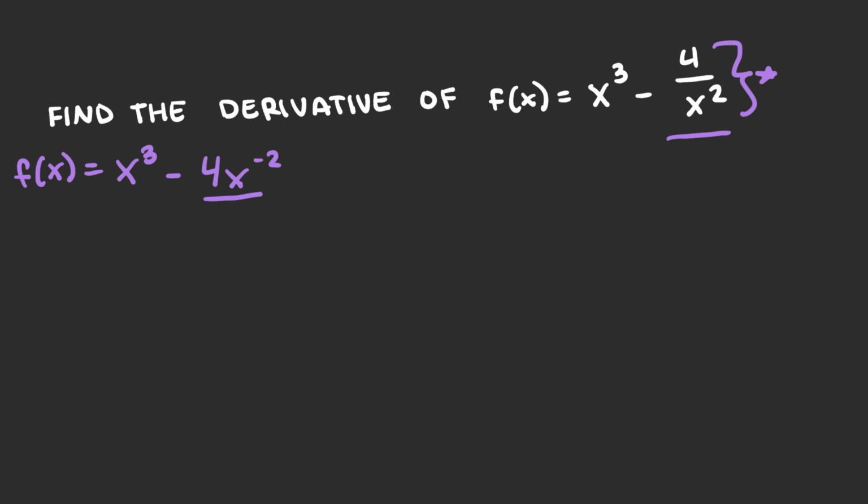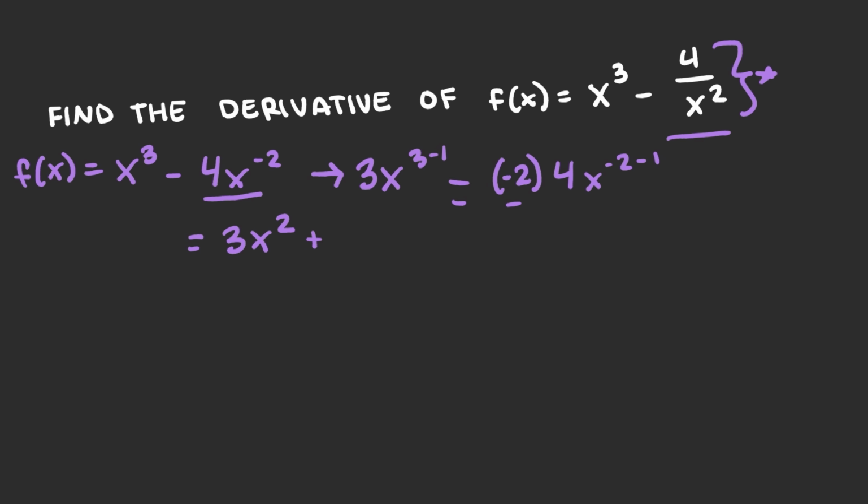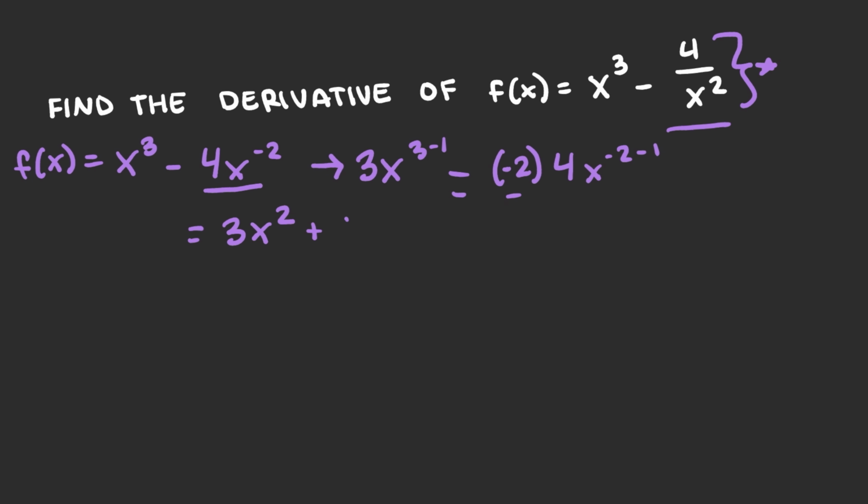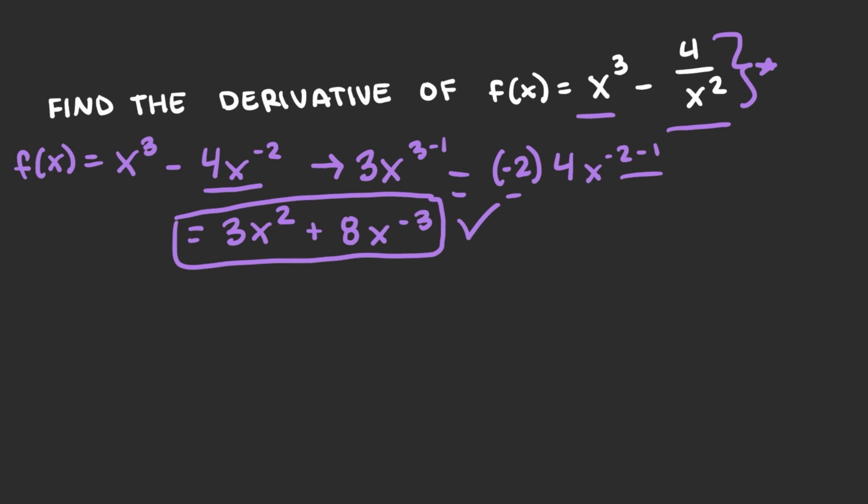So if we simplify that a bit more, we will have 3x squared plus, because this negative and this negative would give us a plus, and then negative 2 times 4 would give us 8x, and then negative 2 minus 1 gives us a negative 3. So the derivative of f of x equals x cubed minus 4/x squared is 3x squared plus 8x to the power of negative 3.